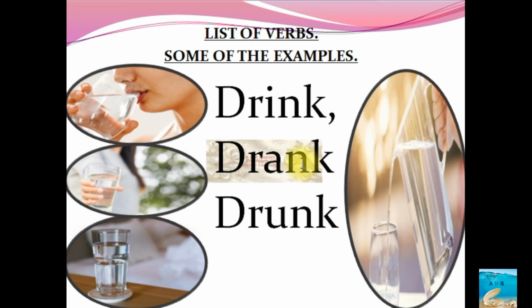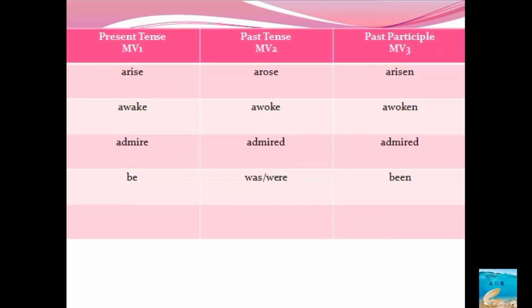Now, drank is the word. That word itself shows you that this is past tense. That person has already performed this work. Now, drunk. When we have past tense, why do we require past participle? This is the usual question of the students.